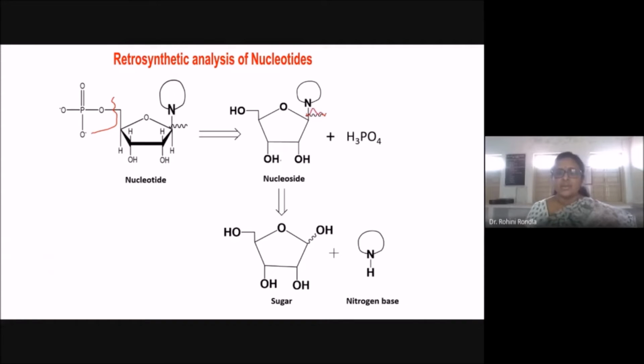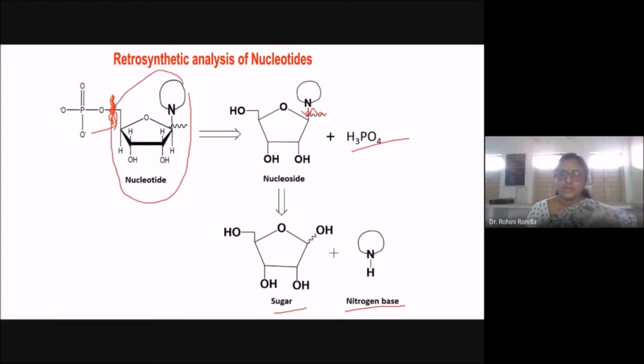Breaking up the nucleoside at this position gives sugar and nitrogen base. Just here one bond is missing. To make a nucleotide, first, in the retrosynthetic analysis approach, just imagine breaking up the molecule at one position to make it simpler. So the phosphate group is eliminated as phosphoric acid, and still this nucleoside is there.